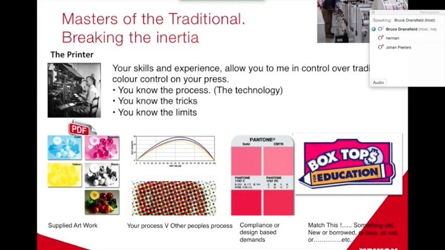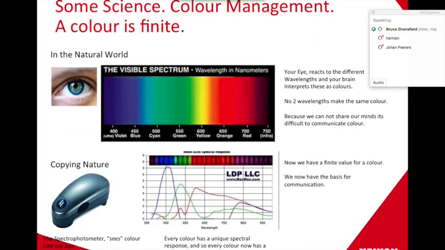So we somehow have to break the inertia and discuss how we have to move away from this standard way of thinking. So we have to understand ourselves at a certain level what we mean by colour.